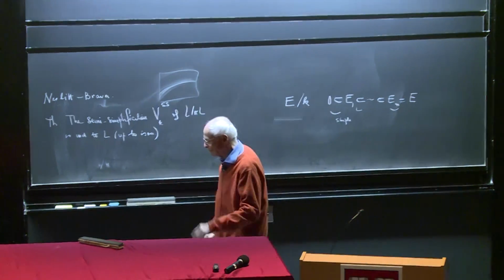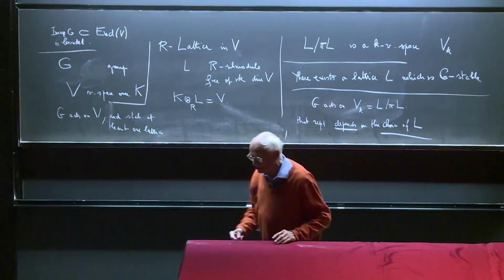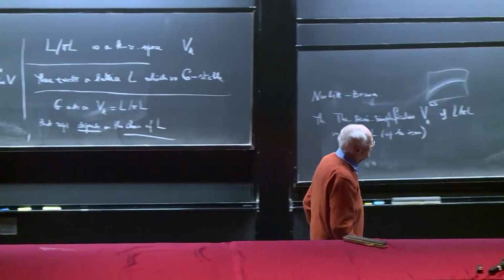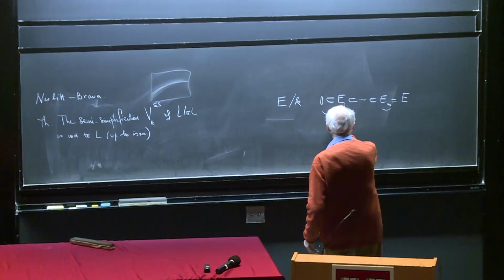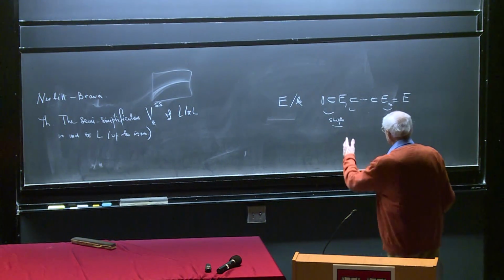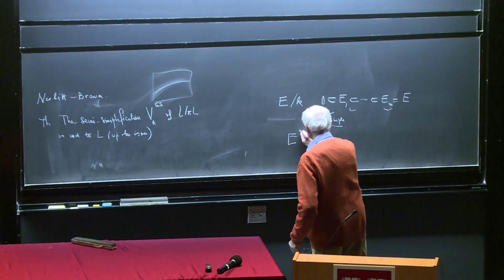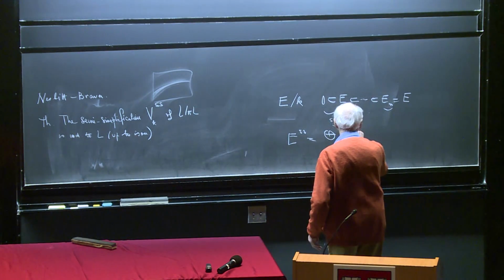Well, a simple module is a non-zero module for which there are only two submodules, 0 and the full thing. Okay, you can do that, and then by Jordan-Holder, the collection of the simple modules that you get doesn't depend on that, and so you define the semi-simplification to be the sum of the E_i over E_{i-1}.